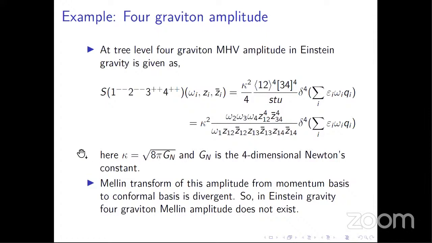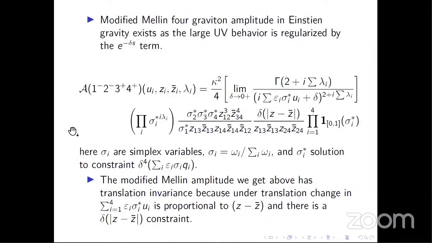But that is not the case for the modified Mellin case, where we can define the conformal soft limit because we had the regularization term. So the integrand remained well behaved because of this regularization term, and we get the following conformal soft limit.